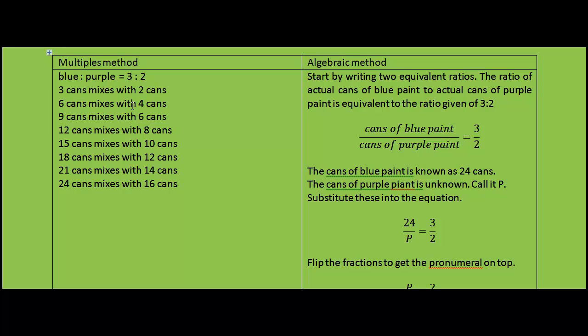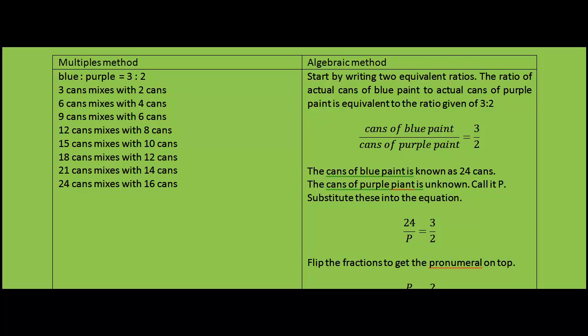If we continue looking at the multiples of 3, so 3, 6, 9, 12, 15, 18, 21, and 24, until we get to 24 cans of blue paint, which is what we know the painter already has, we'll find that she needs 16 cans of purple paint. This method is fairly simple and straightforward. However, depending on the numbers involved, it could take quite a long time to finish.